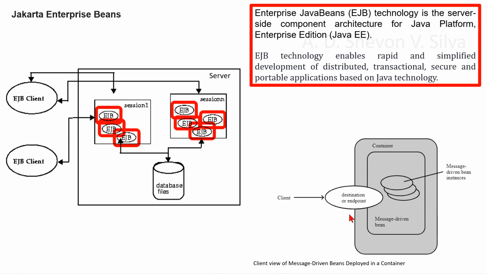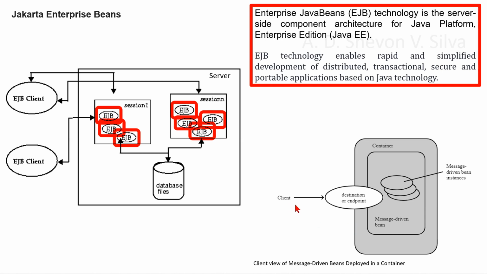The actual locations of the enterprise bean and enterprise beans container are in general transparent to the client using the enterprise bean. References to message destinations can be injected, or they can be looked up in the client's JNDI namespace.